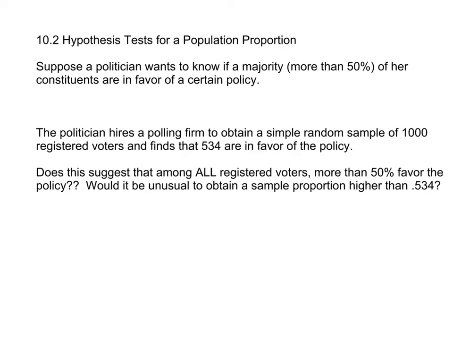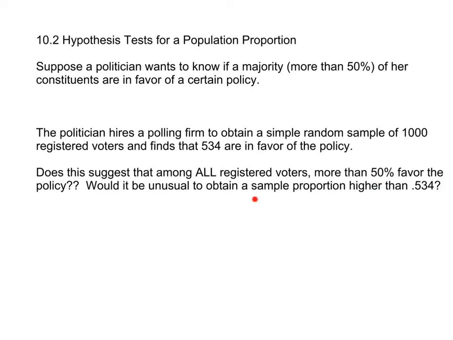So what that politician does is hire a polling firm. Fred Akshar has people that work for him, or they hire a firm to do this, and they get a sample of 1,000 voters, and of those 1,000, 534 are in favor of the policy. 534 is clearly more than half, 53% is more than half, but is that strong enough to suggest that among all of the registered voters in that area, more than half favor the policy?